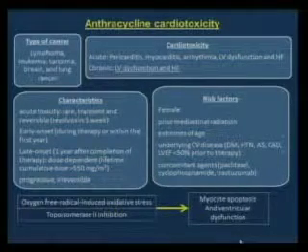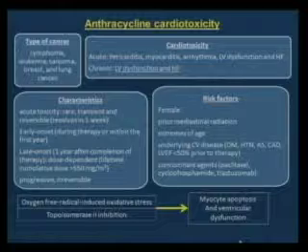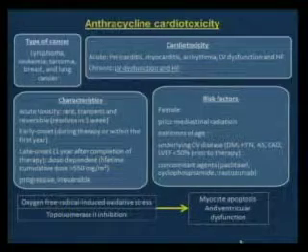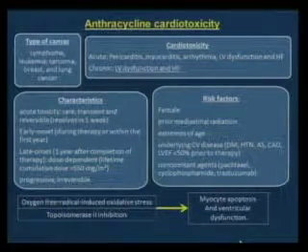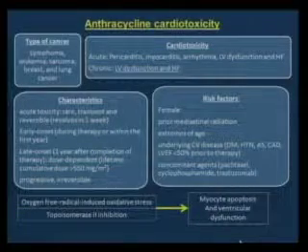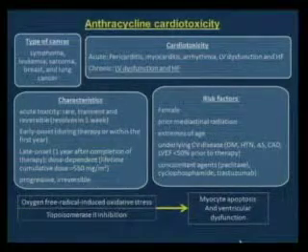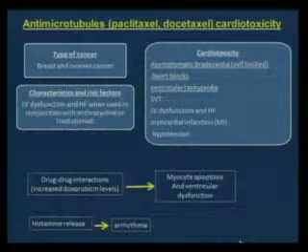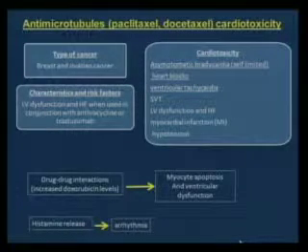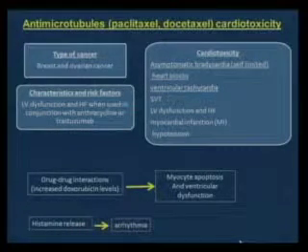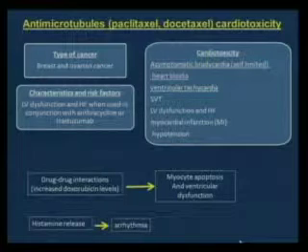That can lead to direct myocardial toxicity, and that toxicity leads to irreversible damage. That's very important to know, and there is cell death after that damage, as compared to other toxicities that we're going to talk about. So, antimicrotubules: paclitaxel and docetaxel are used in breast and ovarian cancer.